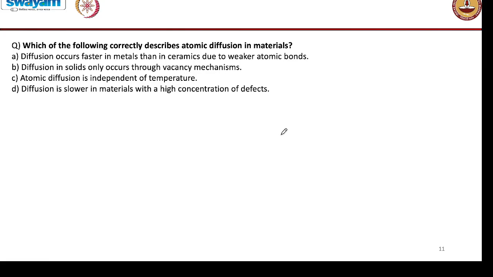Atomic diffusion is independent of temperature. Diffusion is slower in metal with a high concentration of defects. Just now we studied that, regarding activation energy, we require some amount of energy to create diffusion. So, with a little bit of background knowledge, try to answer this question.